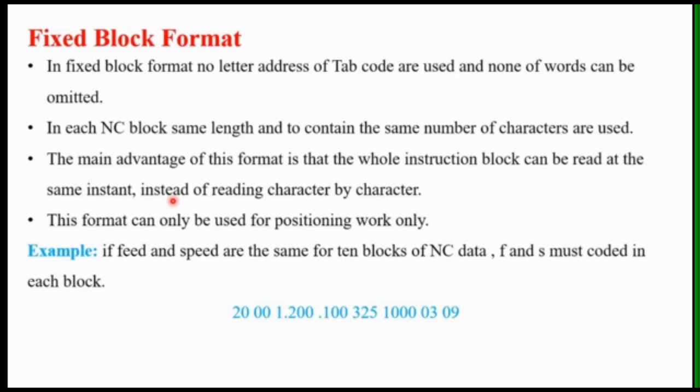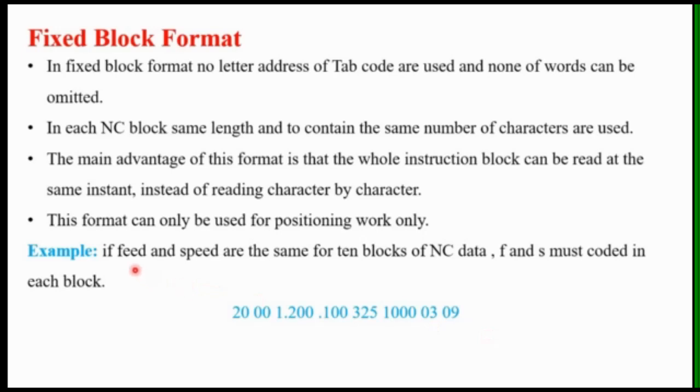The main advantage of this format is that the whole instruction block can be read at the same instant instead of reading character by character. We can read the whole instructions at the same time. This format can only be used for positioning work.